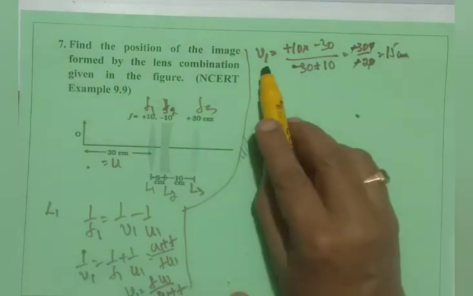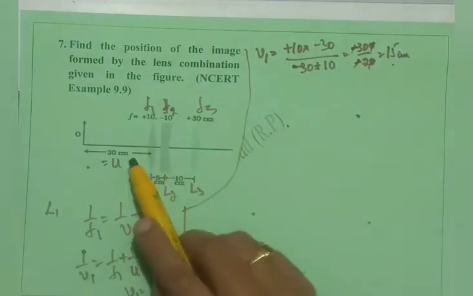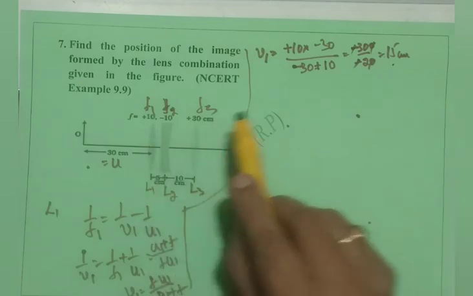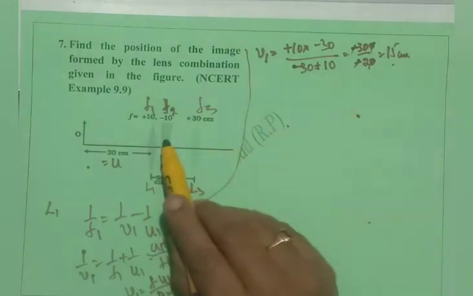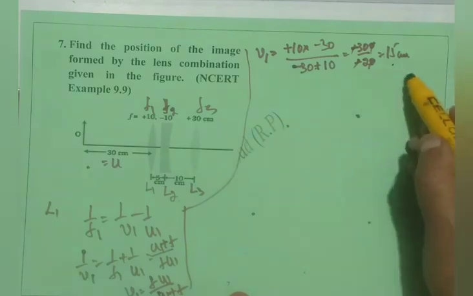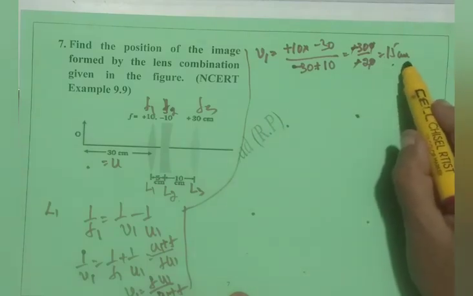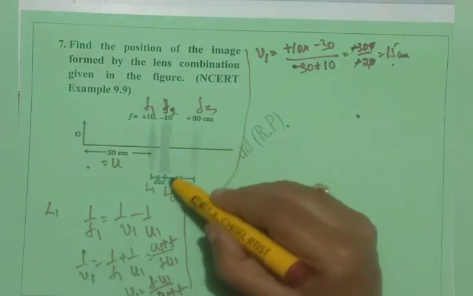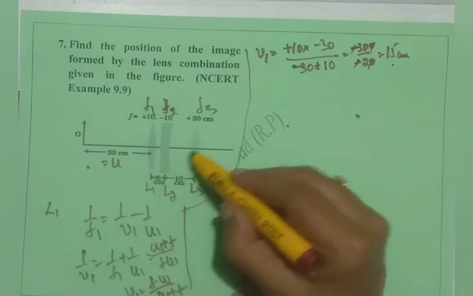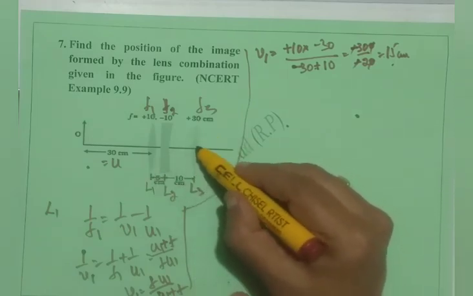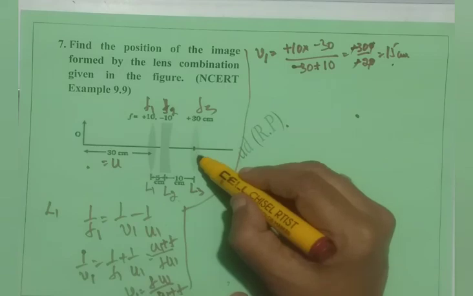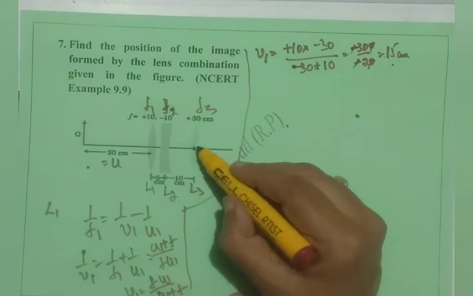That means we get V1 as positive, so the image by L1 forms on the right side of the lens, towards this side. Its distance is 15 centimeter. Observe, at 15 centimeter from L1, the convex lens is there. So at the optic center of this, at this point, the image by the first lens is formed.